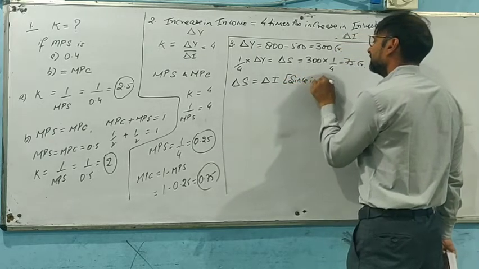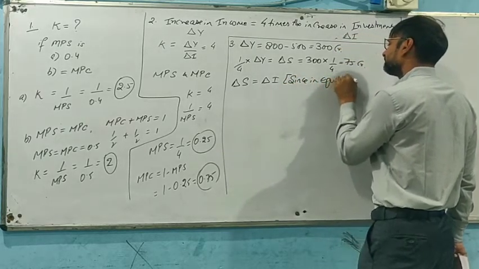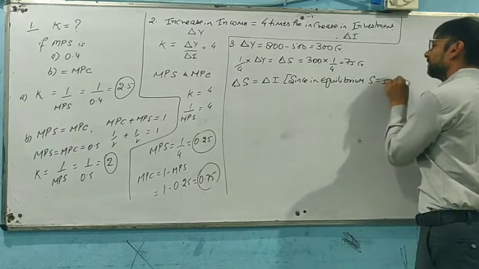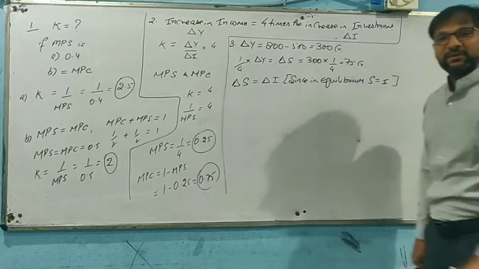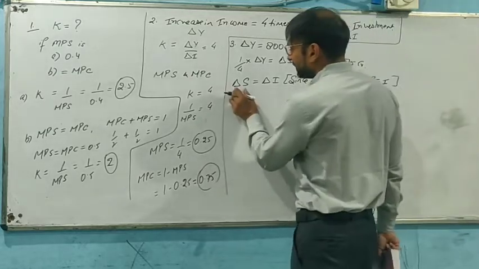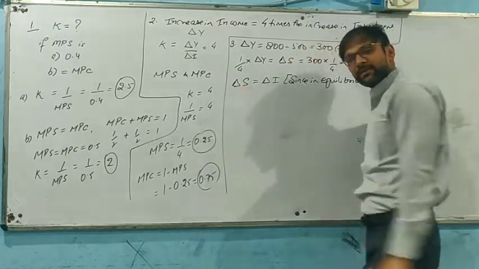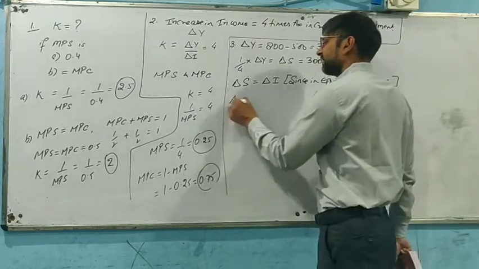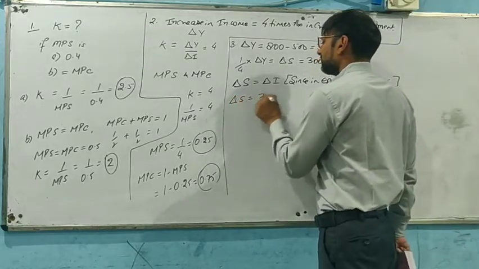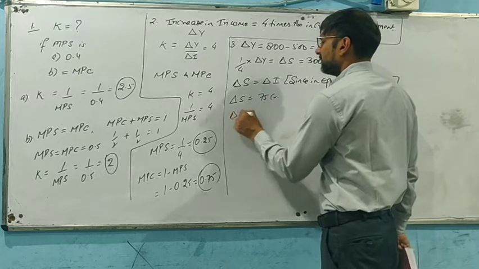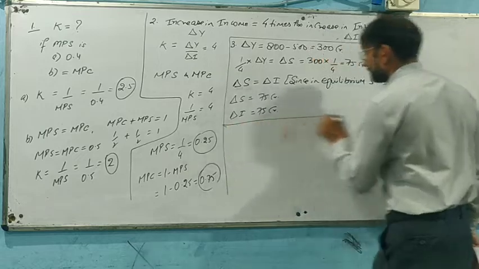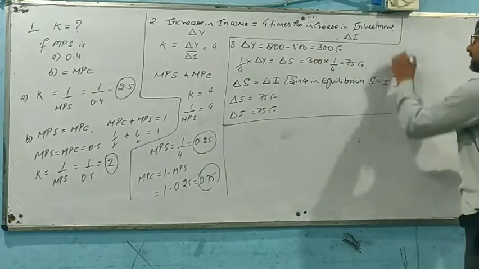Since in equilibrium S equals to I. So as much amount the saving will be increased, it will lead to the same amount of increase in investment too. So if delta saving equals to 75 crore, delta I will also equal to 75 crore. Is that clear?